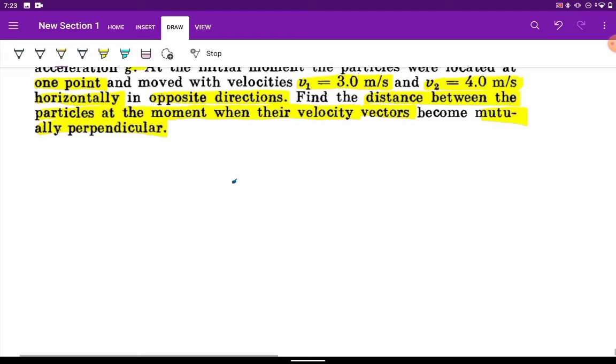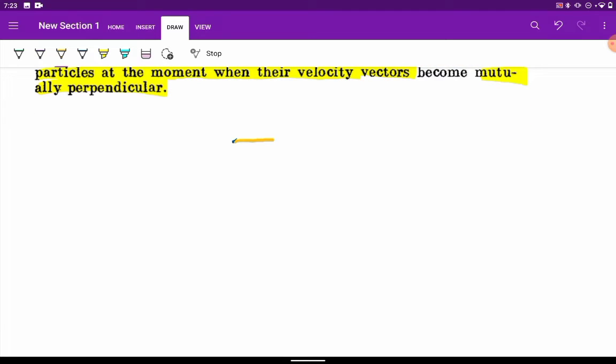Let's say one particle moves in this direction with magnitude v1, and the other moves in this direction with magnitude v2. Let's say that g is downwards. Okay, and let's say this is the positive x direction and this is the positive y direction, right?